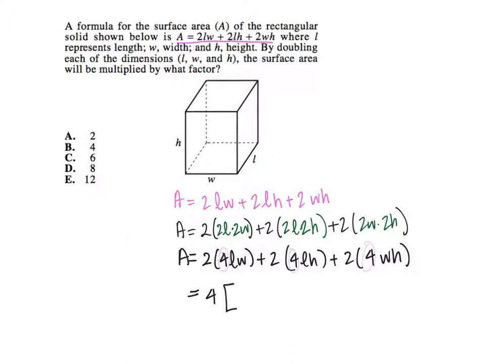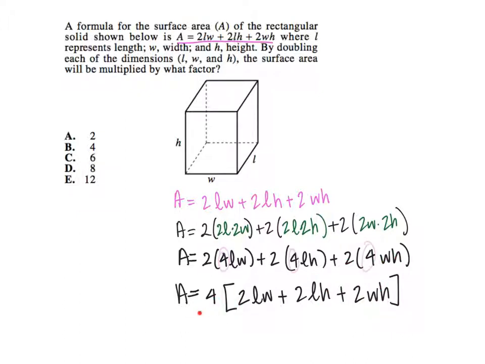It's going to look kind of weird, but basically you would have the same problem again. 2LW plus 2LH plus 2WH. Right? Because in this case, all of these have a 4. And so if you take one out, all you're left with is a 2LW, a 2LH, and a 2WH.